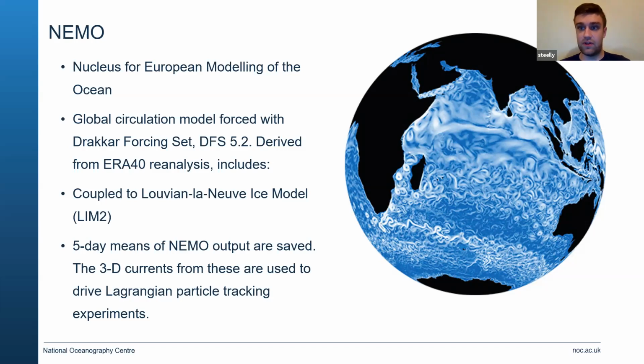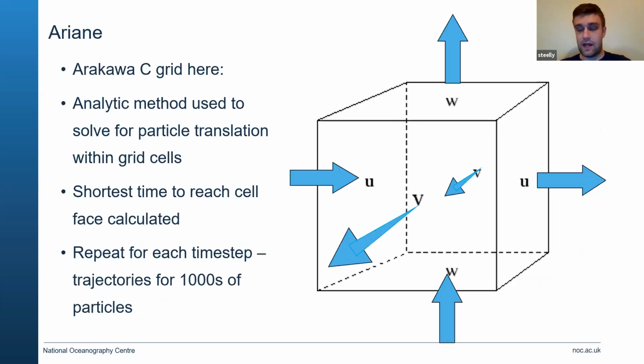The key point to take home is we're using 5-day mean model output, and in the Arctic Ocean, 12th degree resolution roughly corresponds to 3 to 5 kilometers horizontal resolution. So that's eddy permitting, but due to the small Rossby radius, not fully eddy resolving on the shelves, even at the highest resolution available to us.